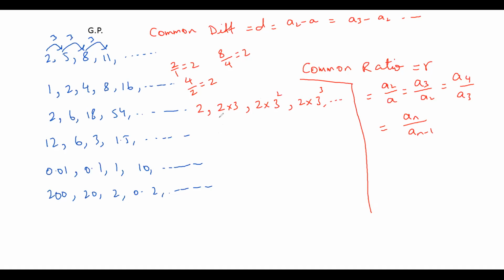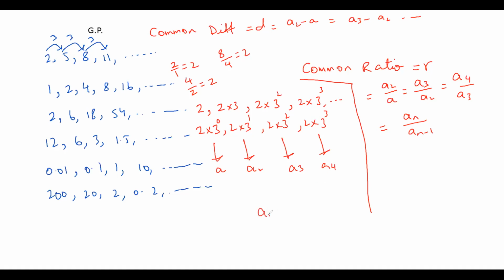Now, if you allow me to say that this is 2 into 3 raised to power 0, then 2 into 3 raised to power 1, 2 into 3 squared, and then 2 into 3 cubed. Now this one is the first term, this one is the second term, this one is the third term, and this one is the fourth term.